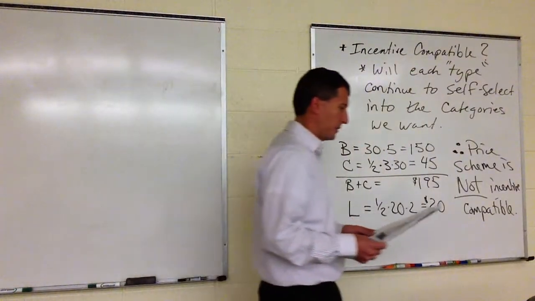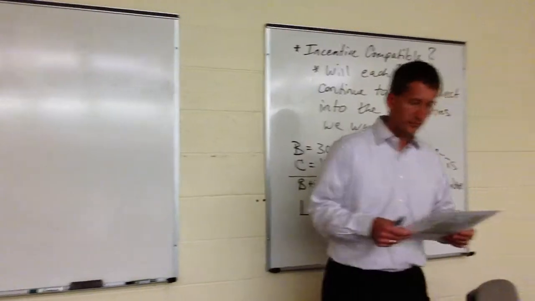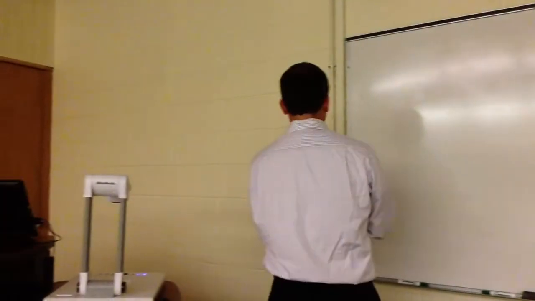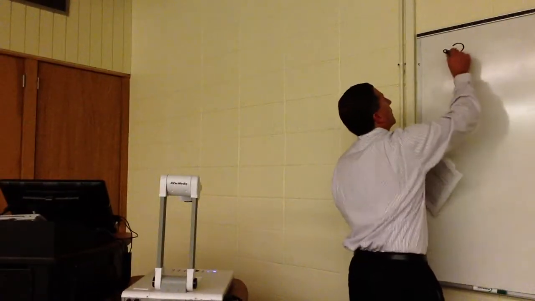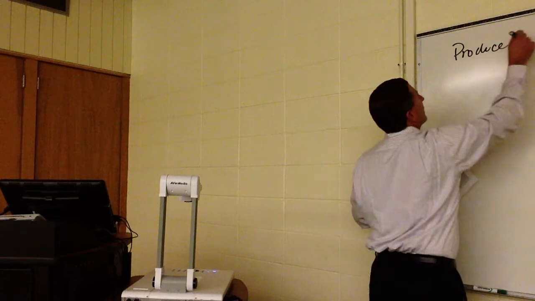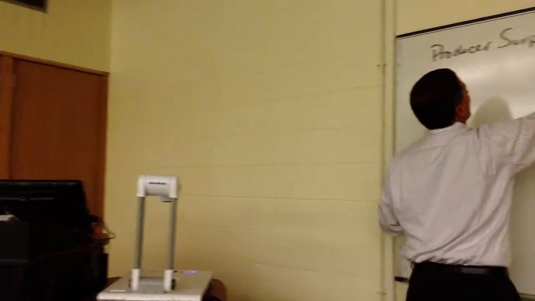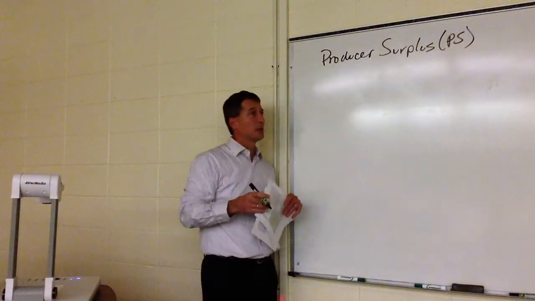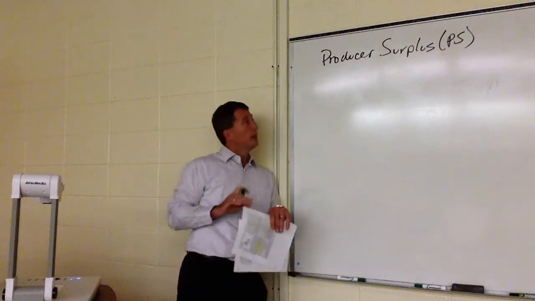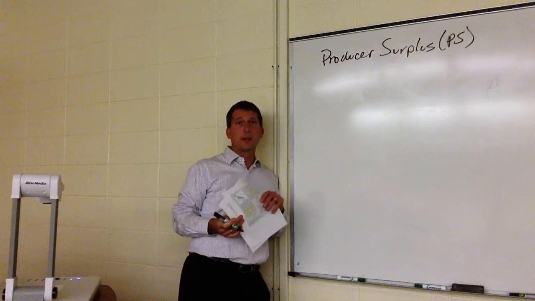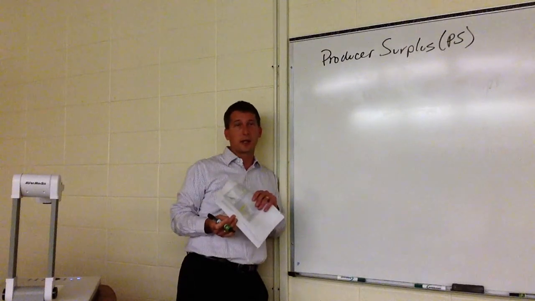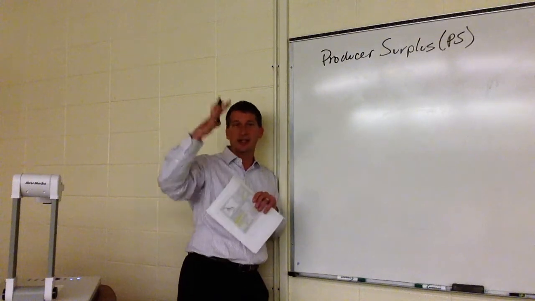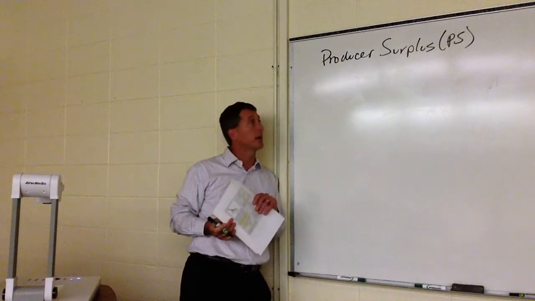So what's the producer surplus? Producer surplus. We haven't done that for a while. So consumer surplus was the difference between the price consumers pay and the benefit that they receive from it. So the height of the demand curve minus the price that they're paying.